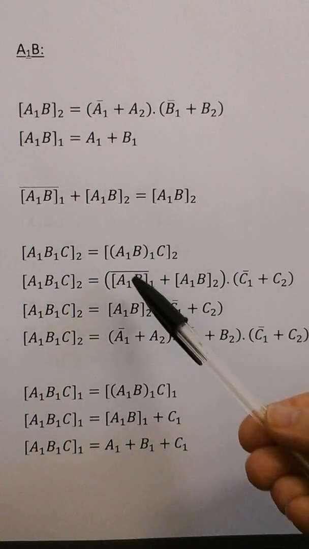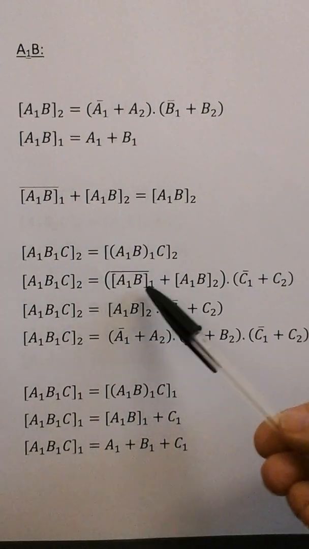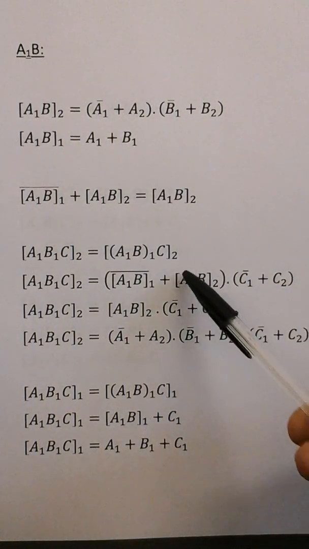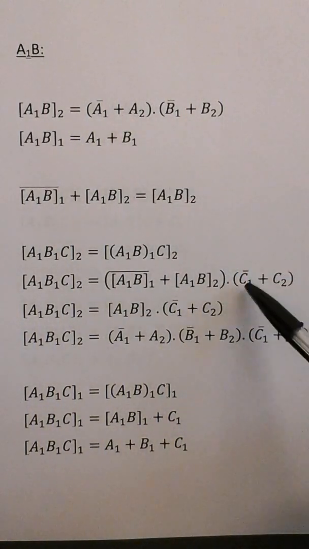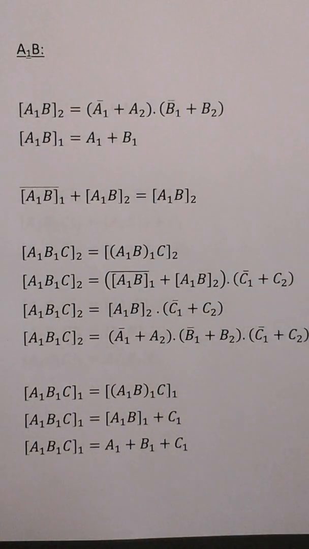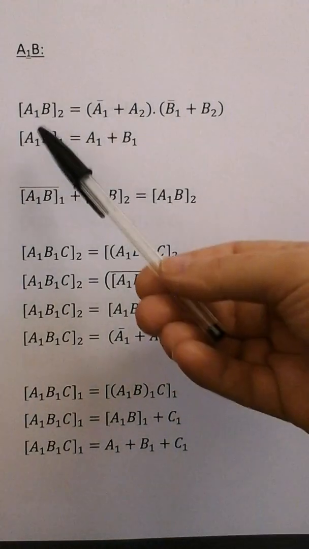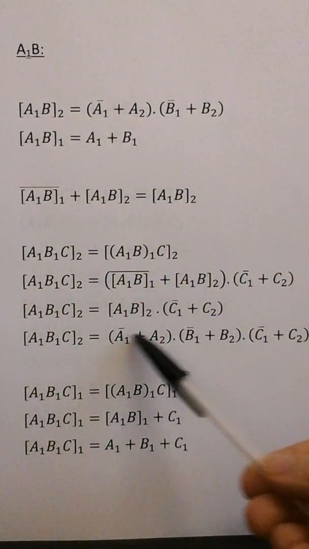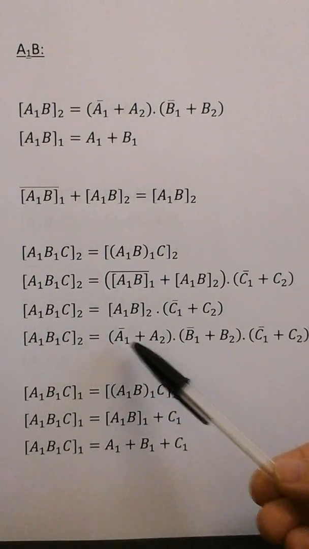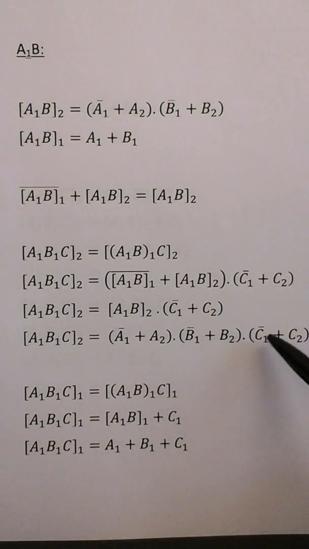So this group here becomes not A1B1, which is that variable, substituting for that, A1B2, which is that variable, and C1 and not C2, which is this variable. So this reduces to A1B2. And A1B2 equals that, which is there. So you get A1B1C2 equals not A1 or A2, and not B1 or B2, and not C1 or C2.